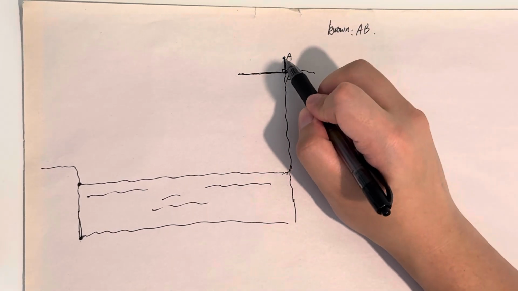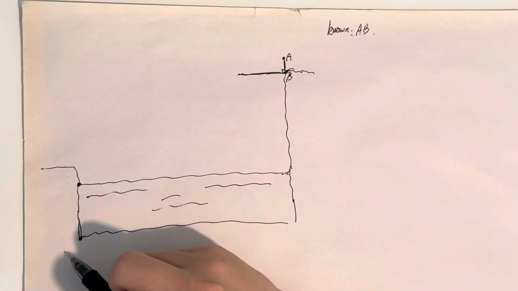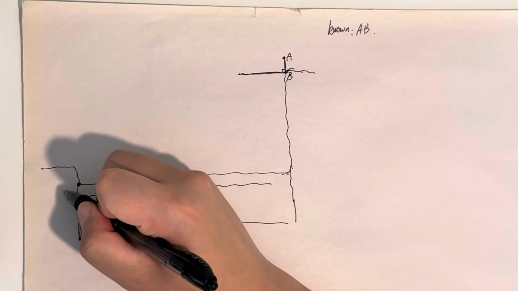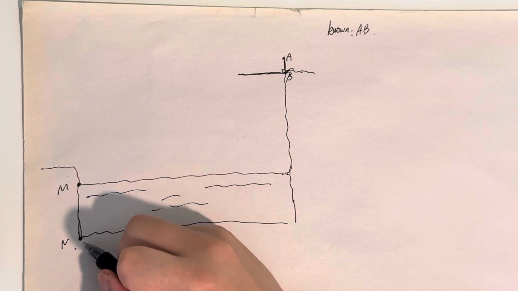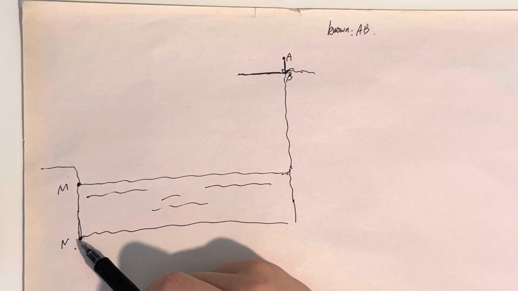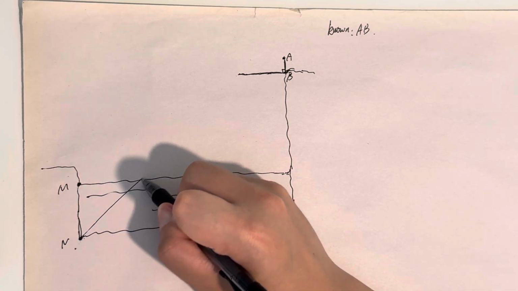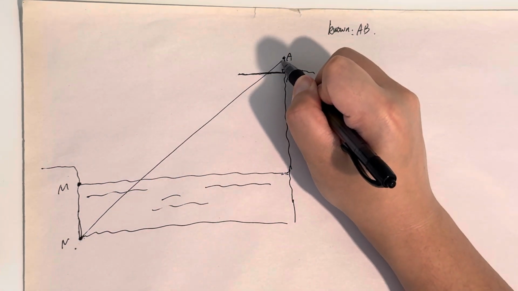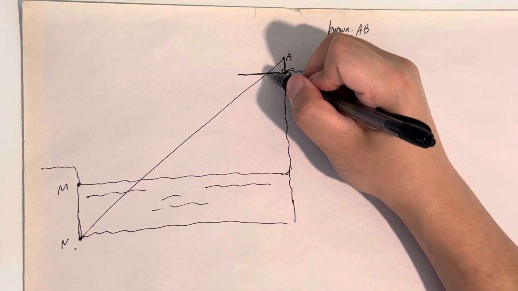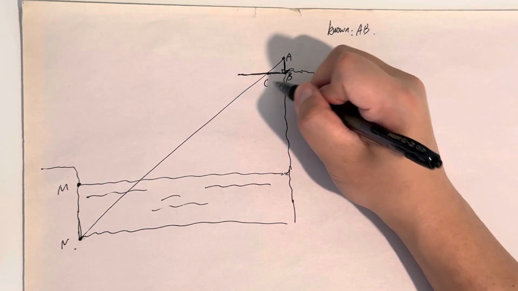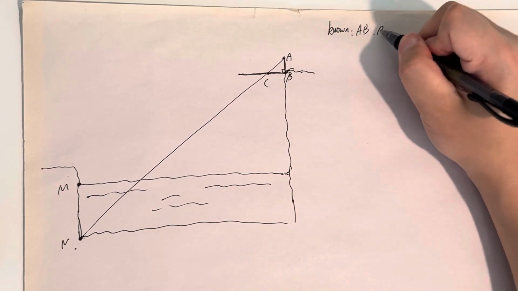And we can see through from point A all the way down to the bottom of the lake, right? Then we can capture the distance BC here.